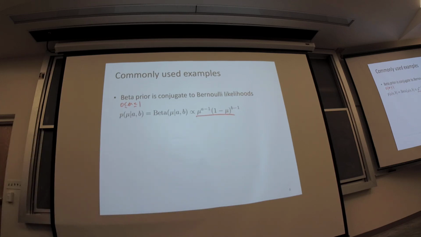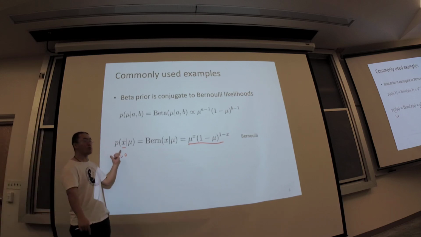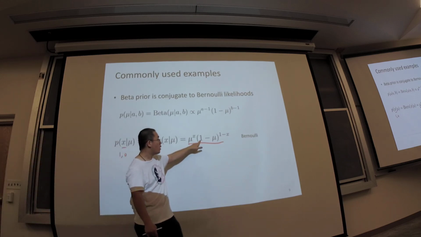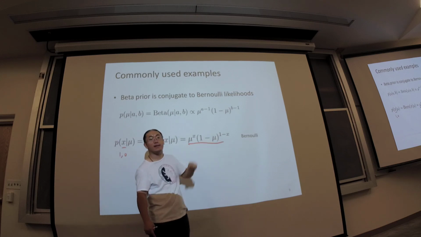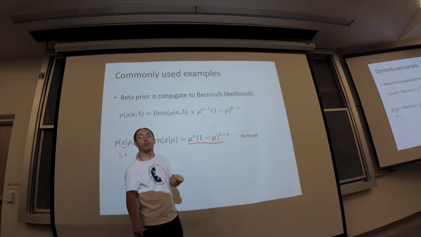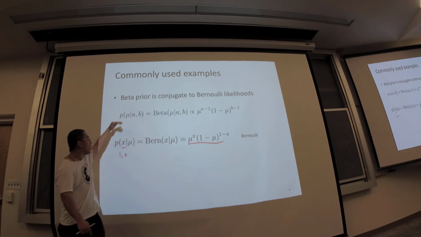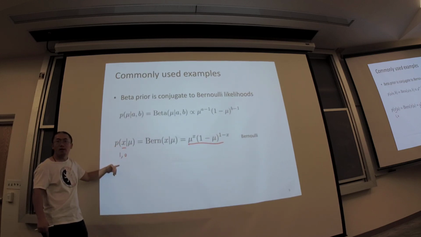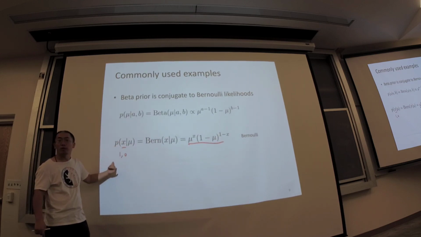And then suppose the likelihood is Bernoulli, so x is either 0 or 1. The Bernoulli likelihood is: the probability of your binary observation is mu to the x times 1 minus mu to the power of 1 minus x. Now, let us combine this prior and likelihood and follow Bayes' rule to calculate the posterior.